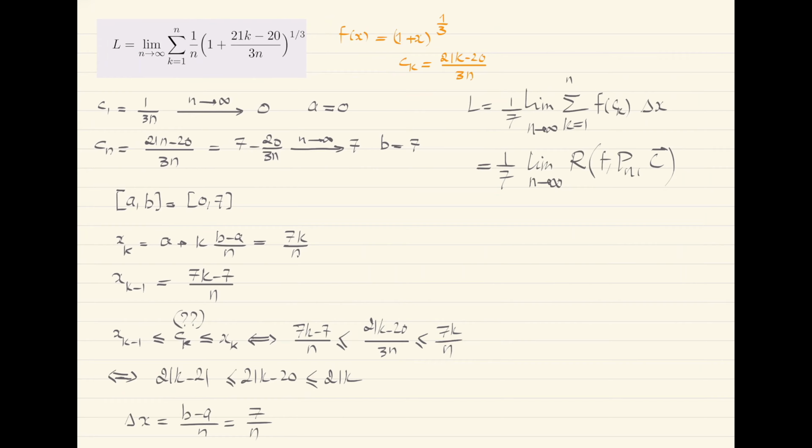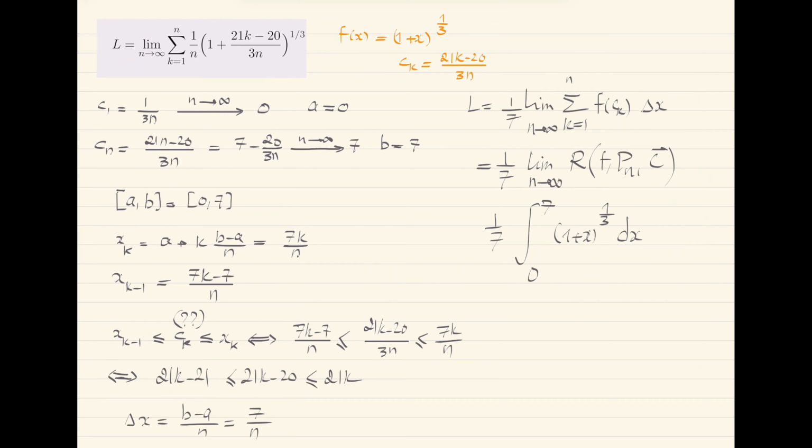And if the function is integrable, it doesn't matter which Riemann sum I am looking at, the limit of all those Riemann sums approaches the same limit, and that is exactly the value of the integral of the function over the corresponding interval. In this case, the integral will go from 0 to 7, but the function is (1 plus x) to the power 1 over 3 dx.